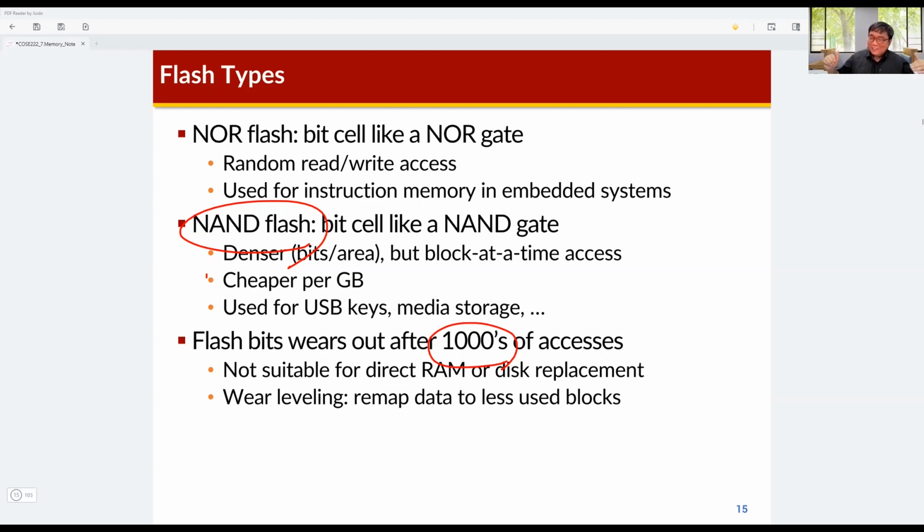That means that the available space in the SSD, like flash memory, decreases over time. To avoid this case, we apply some wear leveling technology in our SSD, but this is out of the scope of this course. So if you are interested, you can take the storage system architecture course in the graduate school.